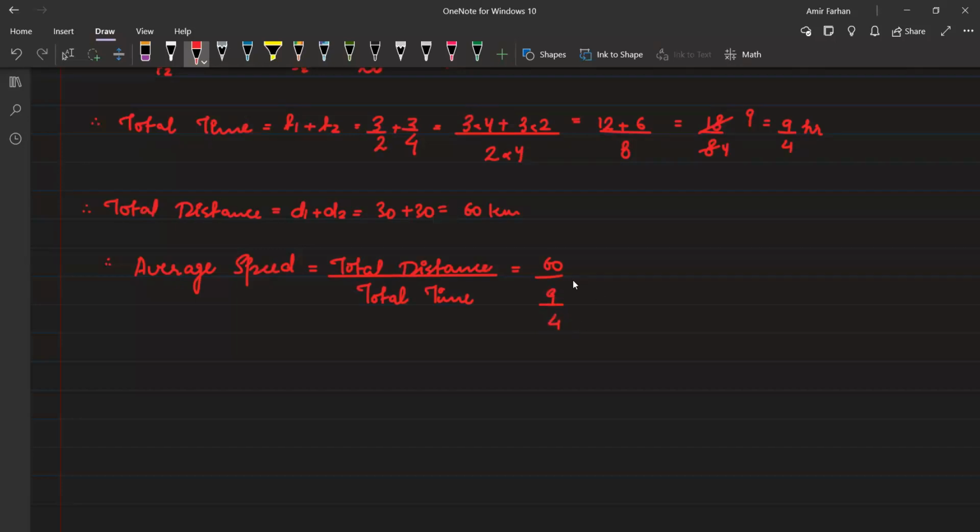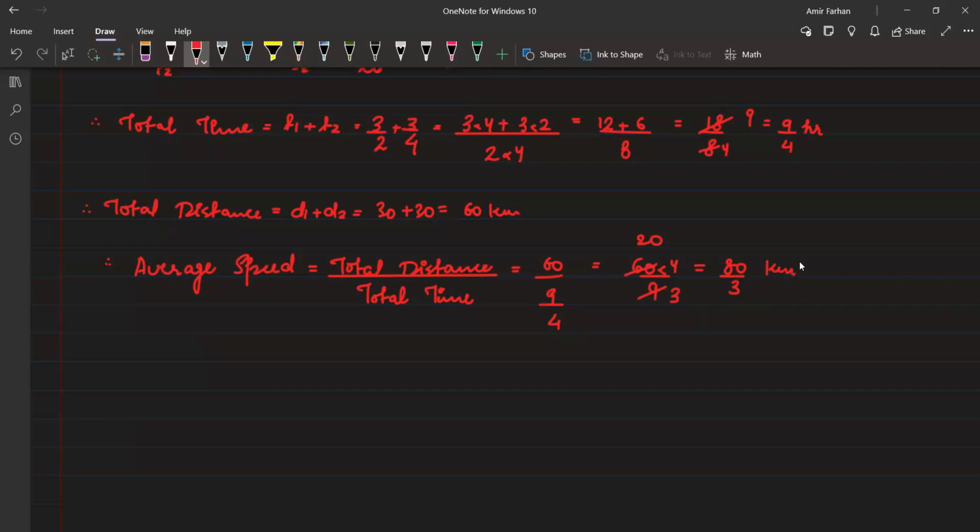This 4 will go in the numerator, because this is a double division. So 60 into 4 divided by 9. This cancels by 3, giving 9 and 20. So this would be 80 by 3.